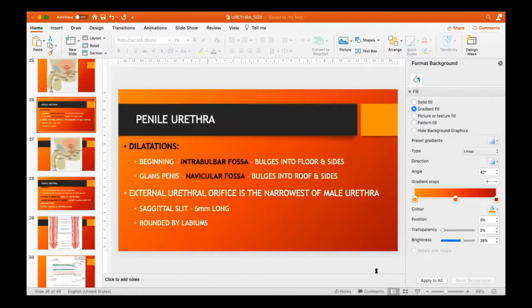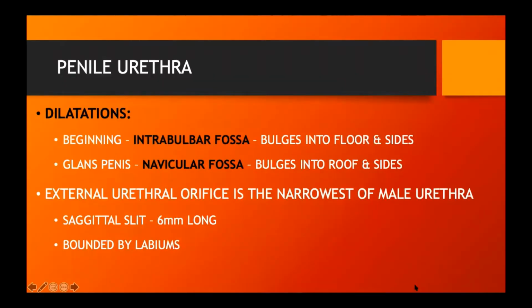So the navicular fossa is a space or dilatation inside the glans penis. Usually the navicular fossa bulges into the roof as well as the sides of the glans penis. At the end, at the external urethral orifice, we have a sagittal slit, like an opening, which is around 6 millimeters in length.